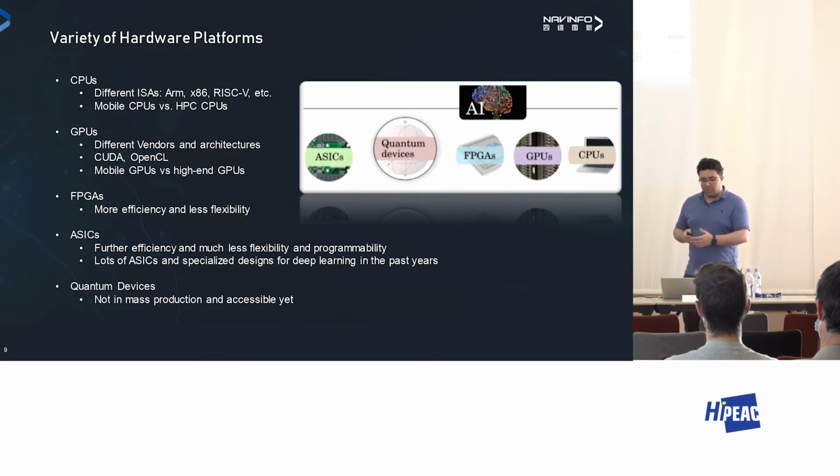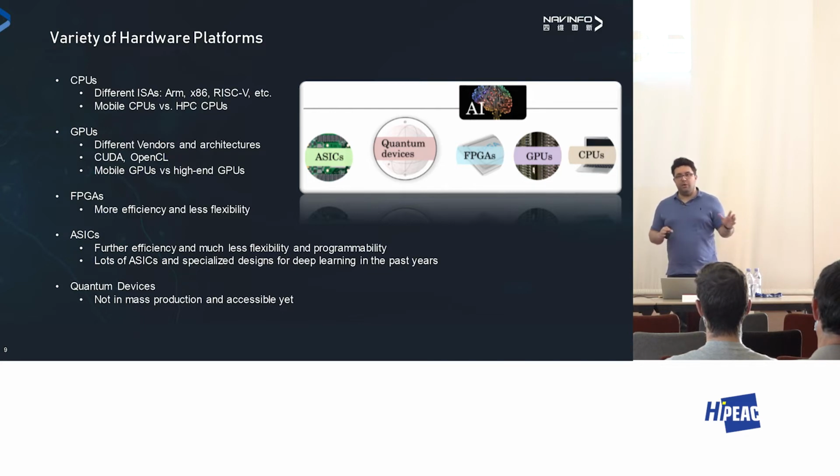That's why we are using, in fact, GPUs. They were introduced as graphics processing units, but now probably the most use of GPUs is for deep learning, for training and inference of deep learning models. We have different vendors and different architectures, but mostly we have Nvidia and also AMD on the other side.